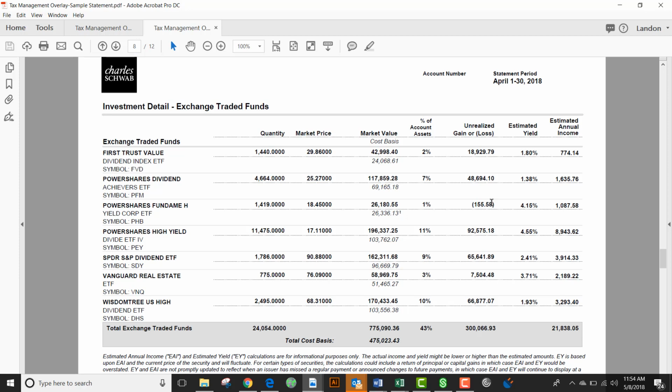But in this particular example, we made some trades. We changed our models. It was the example I gave here. We updated our model set, and we don't want this PowerShares dividend position anymore. It's too expensive. Vanguard's got an option that's much less expensive. That's what we want to use for our own accounts and for our clients' accounts.